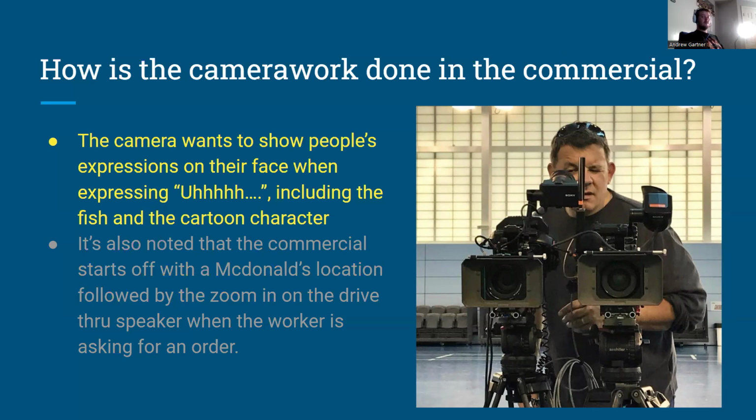It's also worth noting that the location is at McDonald's, and that at the start, at the drive-through for the first customer, the camera zooms into the drive-through speaker when the worker is asking for the customer's order, because the customer is getting ready to respond to that question by putting in an order.